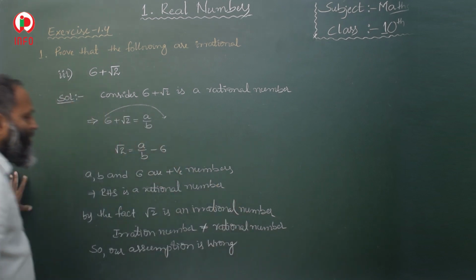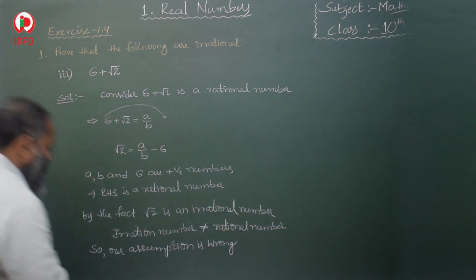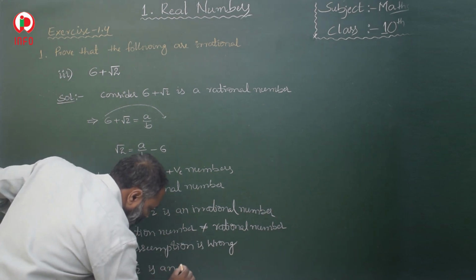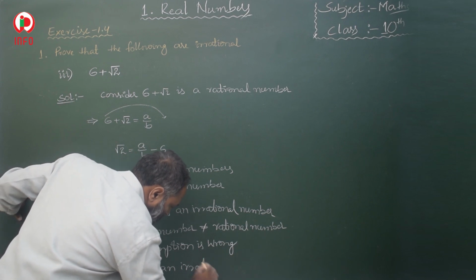Our assumption is wrong, so 6 plus root 2 is an irrational number.